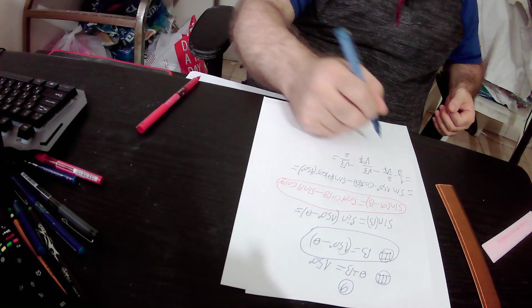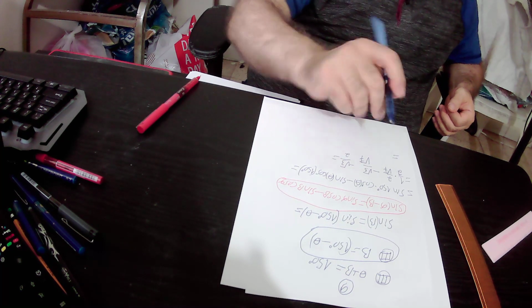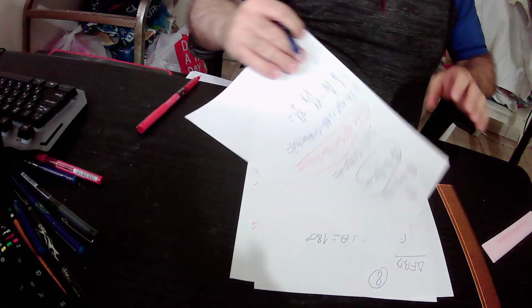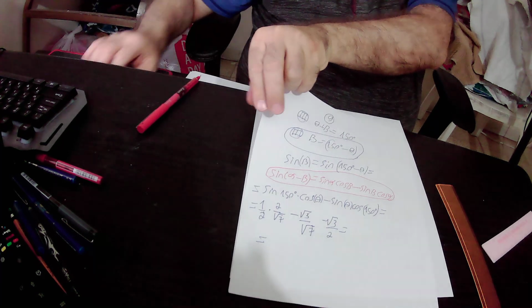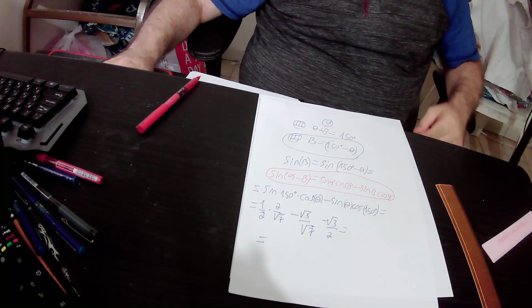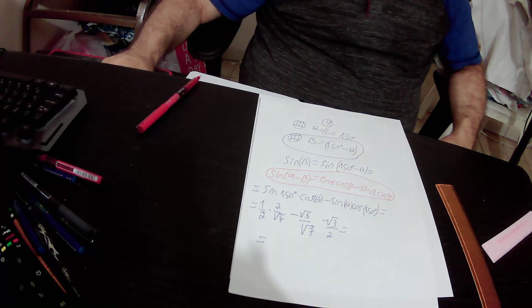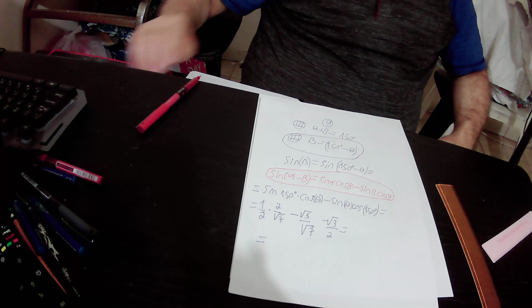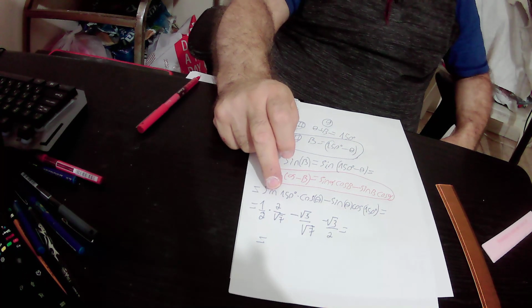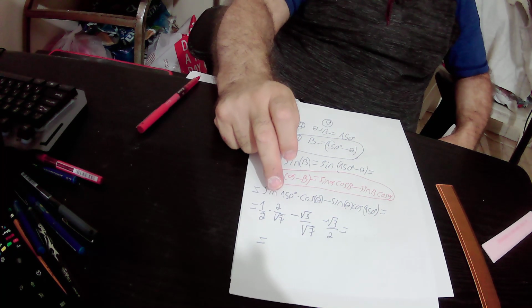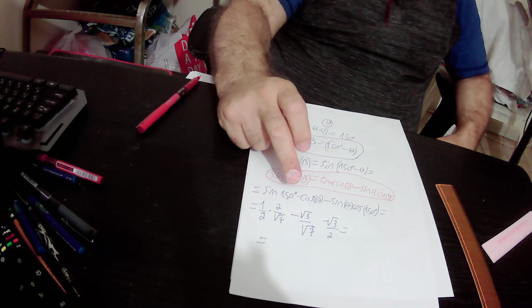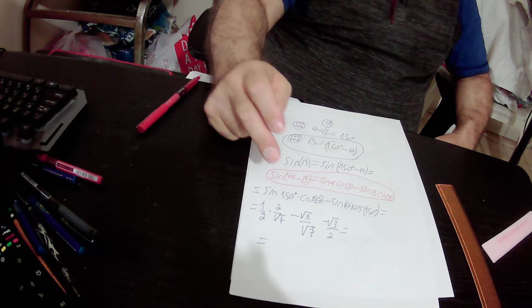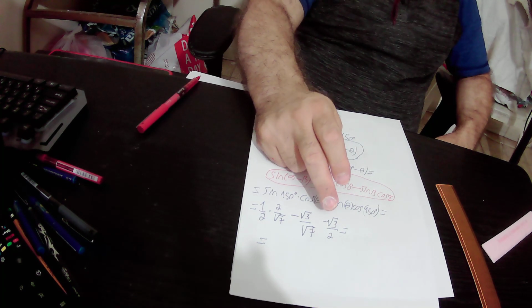So we got that 1 over 2 times 2 over root 7 minus root 3 over root 7 times minus root 3 over 2.